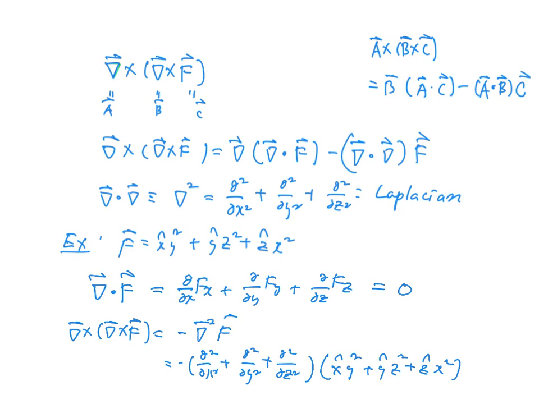So we have minus, the first component is this, right? Everything is 0 when you apply this, only this. So x 2y, and this one minus y 2z minus z 2x. Very interesting.